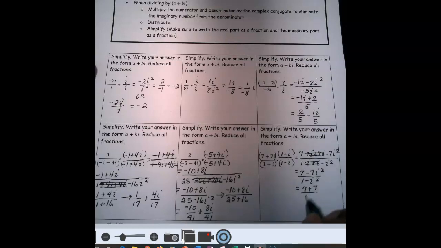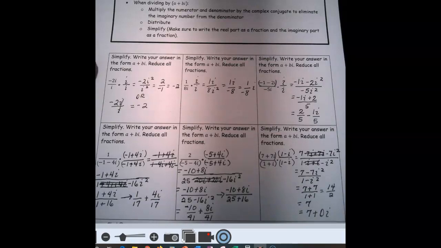So this actually becomes 1 plus 1. This equals 14 divided by 2. And together that would be 7. Now, remember, they're asking us to write this in the form of a plus bi. So we're going to write this as 7 plus 0i.